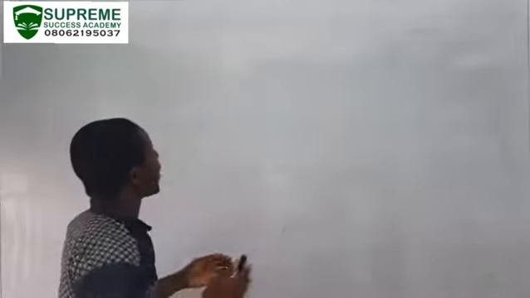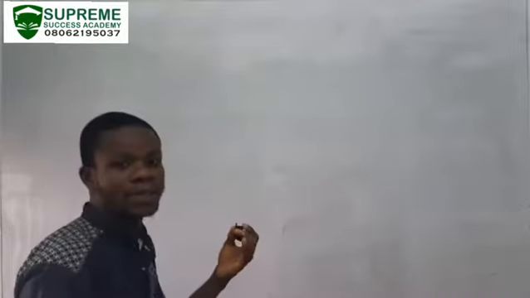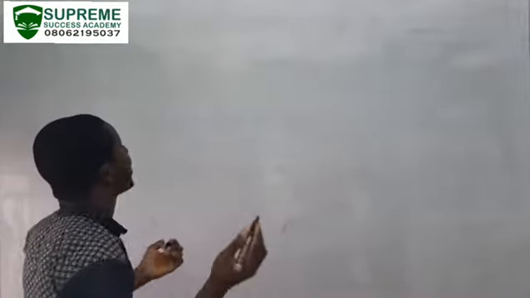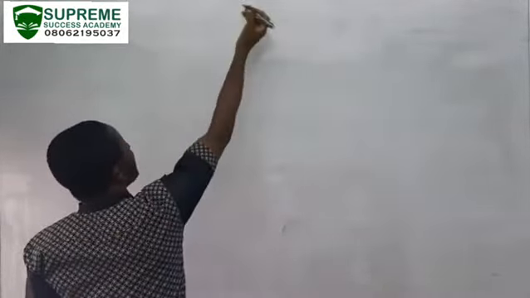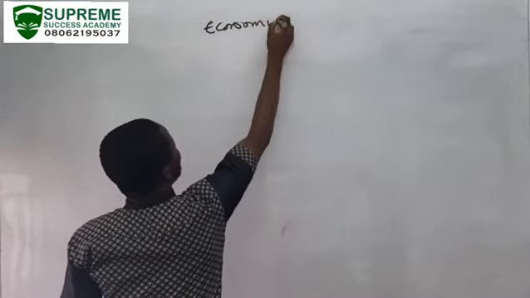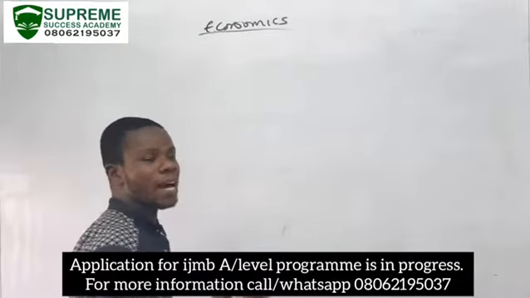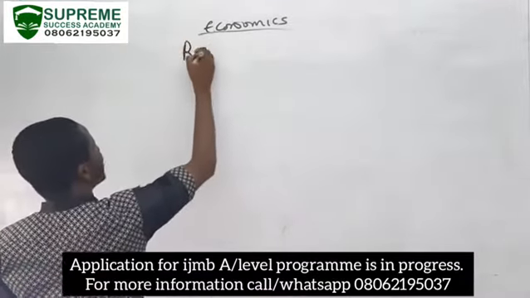I'm talking about the reward for selling your goods and services to some consumers in the market. So, as you all know, I'm going to teach economics. And this particular topic is revenue concept.